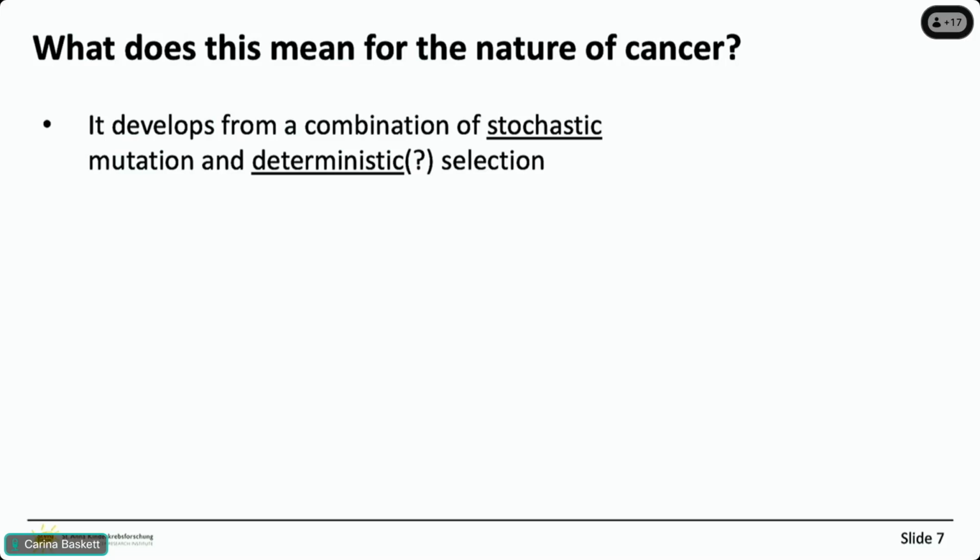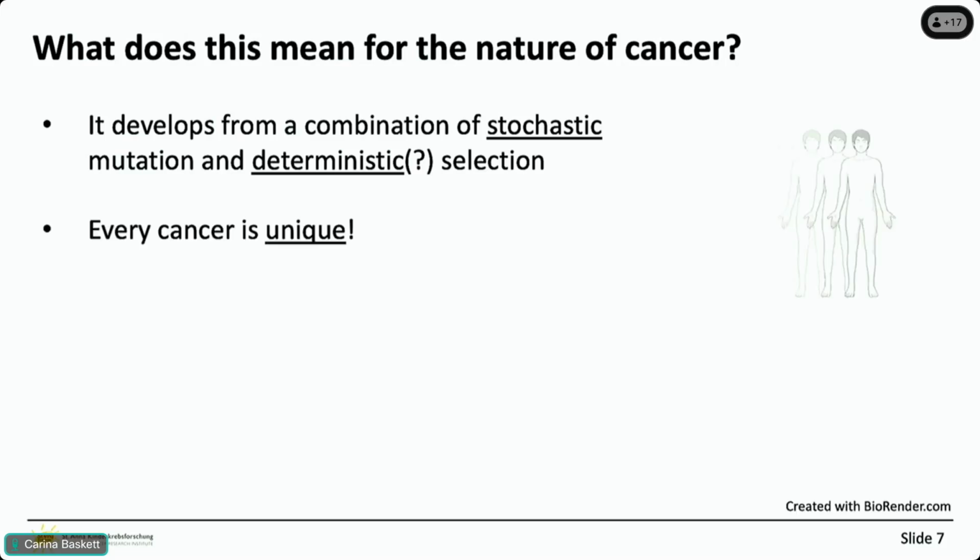But this stochastic process of mutational accumulation means that truly every cancer is unique. So both across different cancer types, but also certainly within cancer types, no two cancers are the same. They typically have completely different sets of mutations. They might share some key driver mutations, but also these can be very diverse.